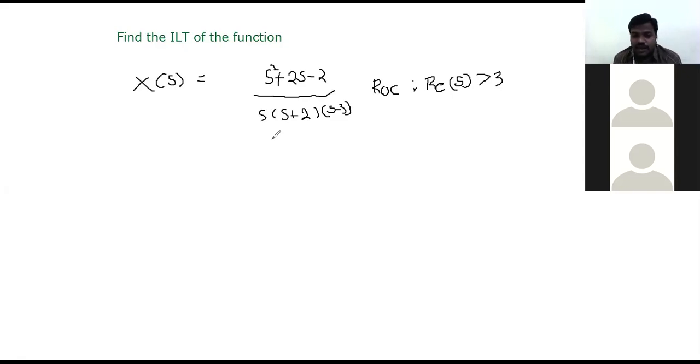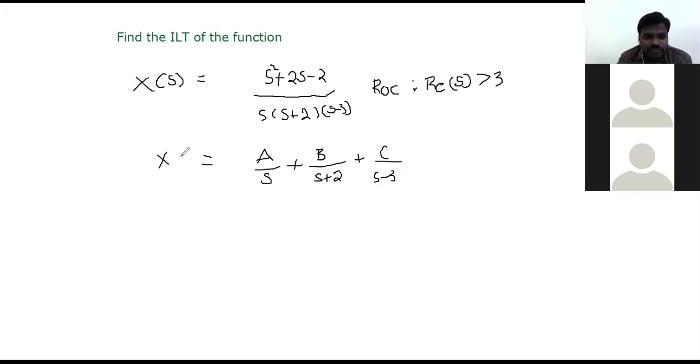According to that method, this x of s can be split into three parts: a by s plus b by s plus 2 plus c by s minus 3. So this is x of s.